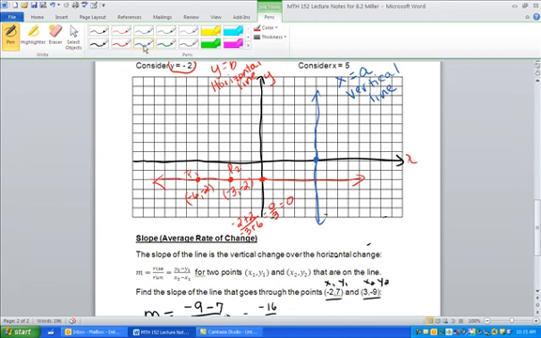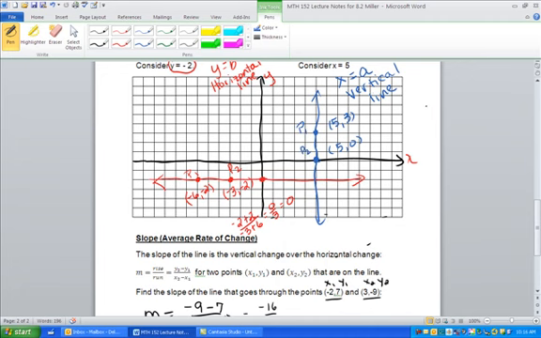Now let's look at the vertical line. Let's use this one. This is 5, 0, and let's take 5, 3. Let's see what happens here. I'll call this one point 1 and this one point 2 down here.